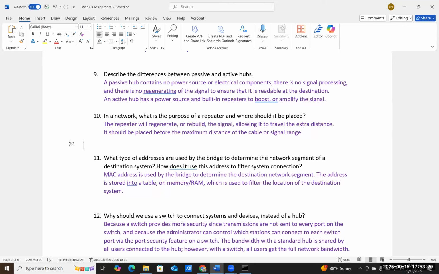But ultimately, when you are connecting devices like switches together, switches especially, they handle MAC addresses, right? The physical address that's ingrained onto the network adapter for the system.